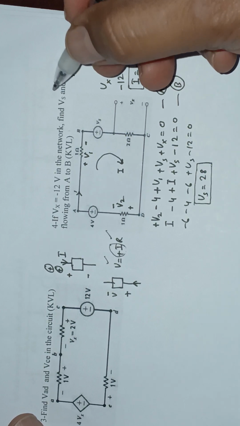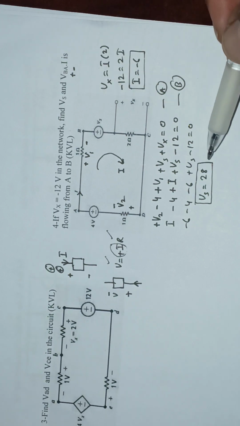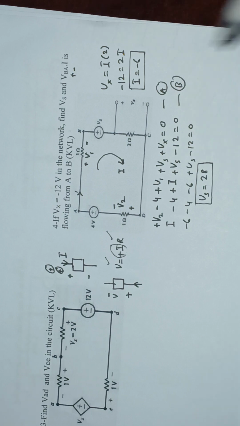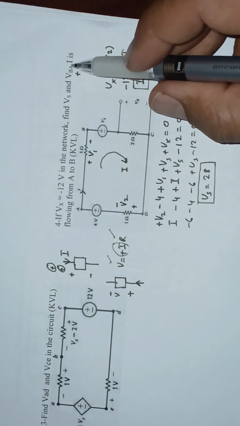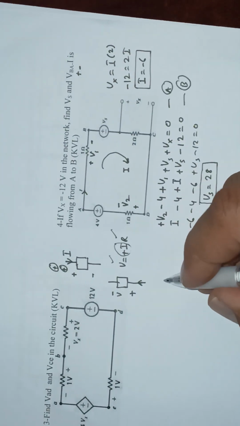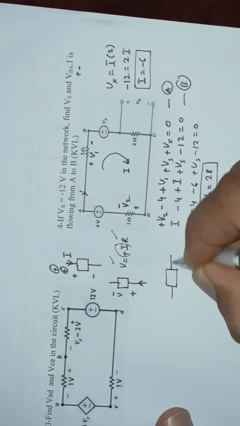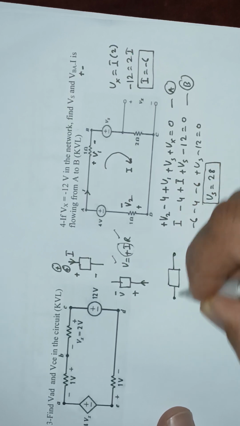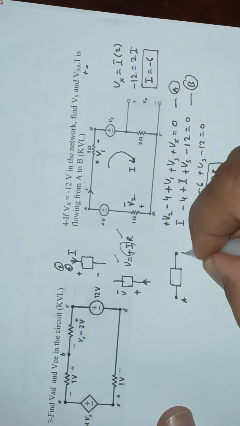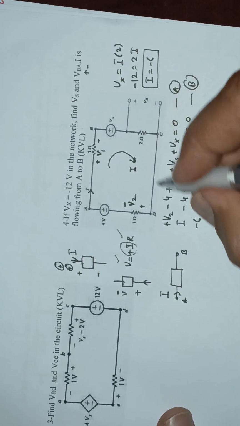So now the first unknown, which was our goal to find, Vs, we have found in this step. Now the second step is that I have to find VBA. So I'll make this orientation over here. This terminal is terminal A. The other terminal which is here is B. Current I is flowing in this direction.